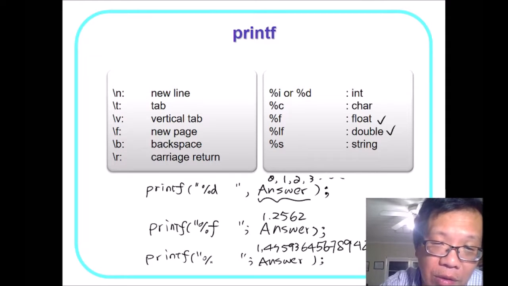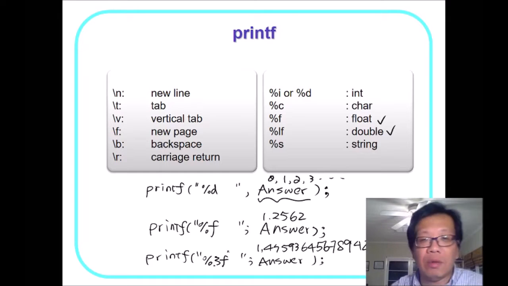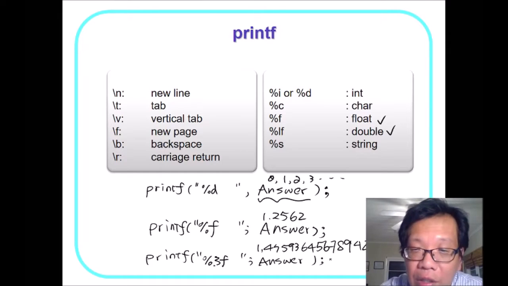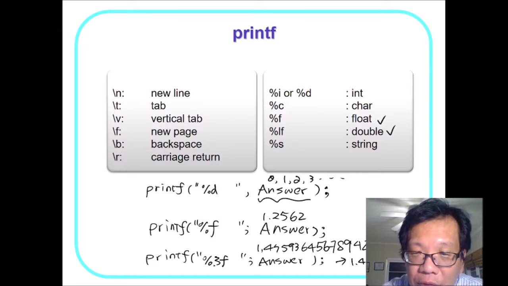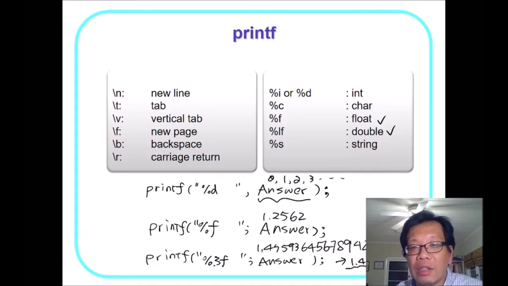So what I'm going to do is put %.3f over here, so the answer is going to be 1.475, and ignore all the other digits. So this can be handy, and that would be something that you need to know.